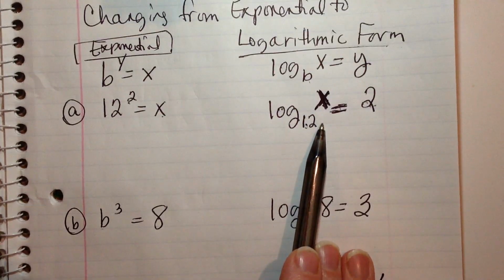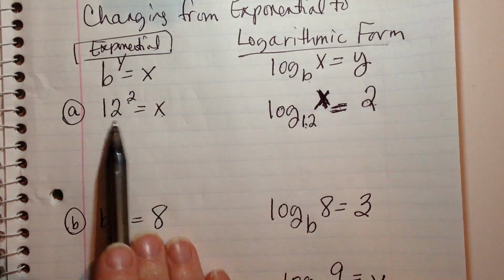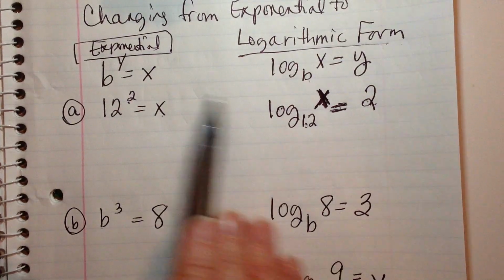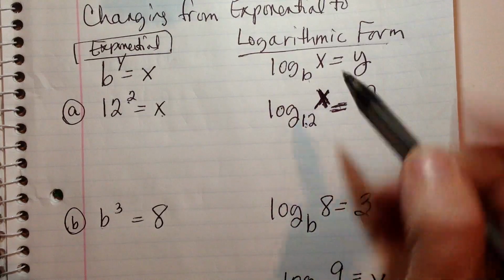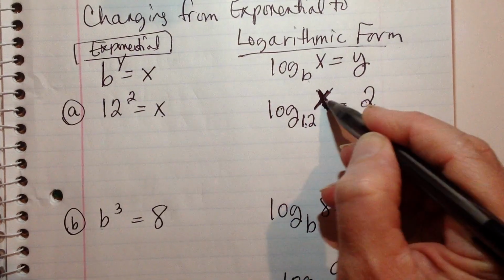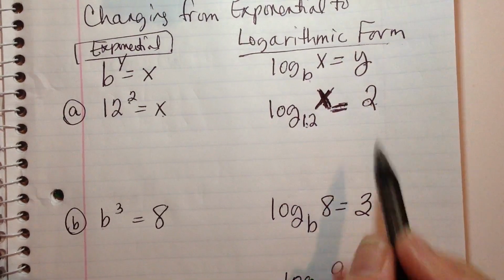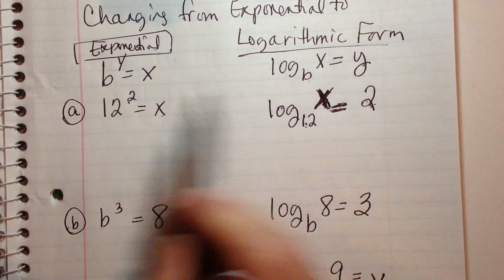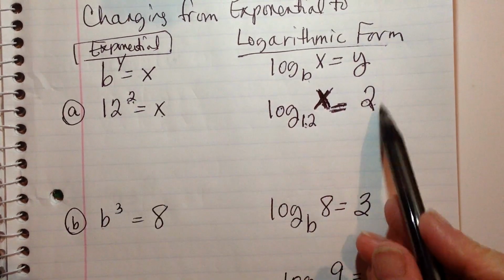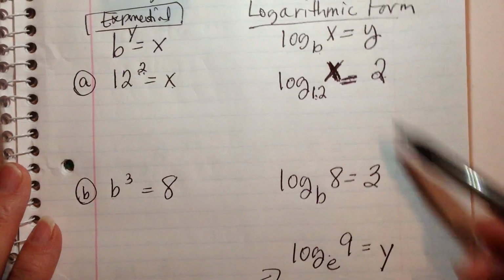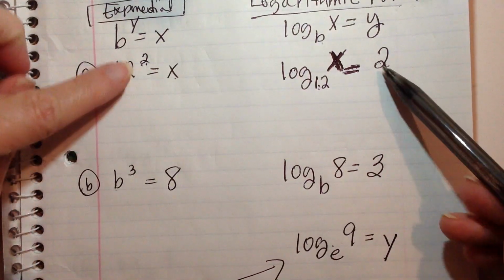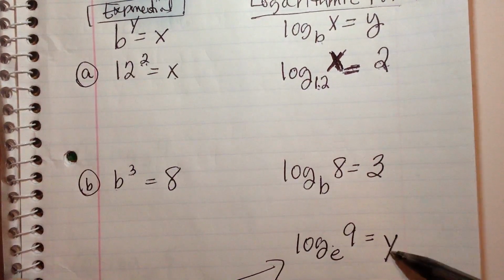I want us to look back at this one more time. My base was 12. Who's in the x position? x, and that is not an exponent, that's just x, equals your exponent, which was 2. Over on the right-hand side of each one of these, you will see the exponent. I've got 2, 3, and y.